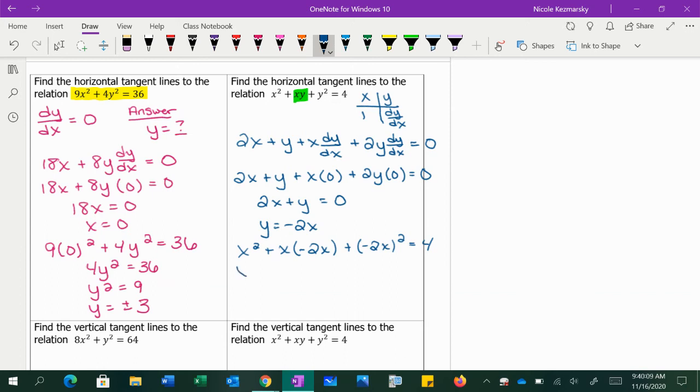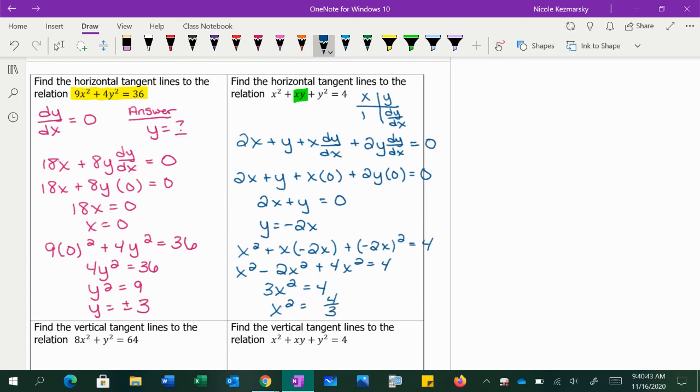So that gives me x squared minus 2x squared plus 4x squared equals 4. And so if I combine my like terms, I've got, let's see, 4 minus 2 is 2, plus 1 is 3. So I've got 3x squared equals 4, which means x squared equals 4 over 3.